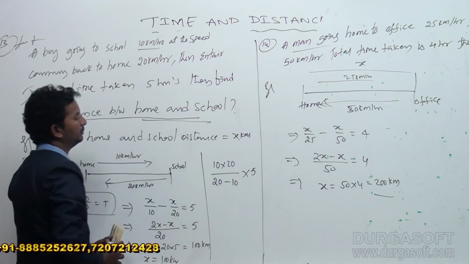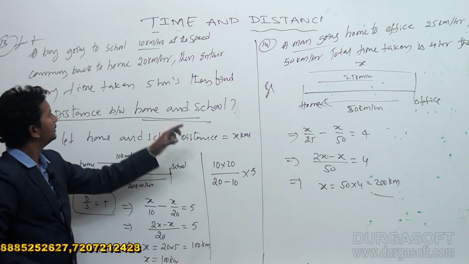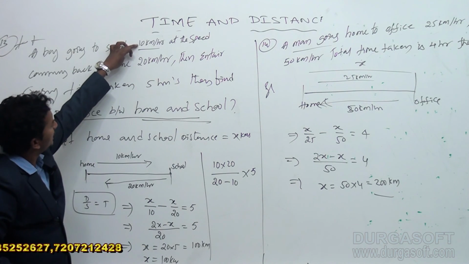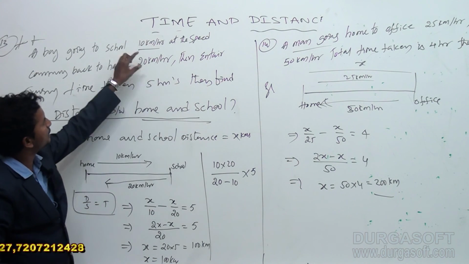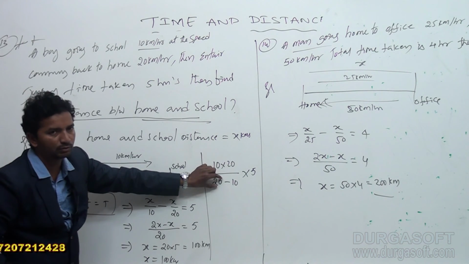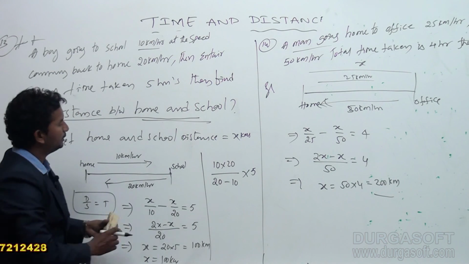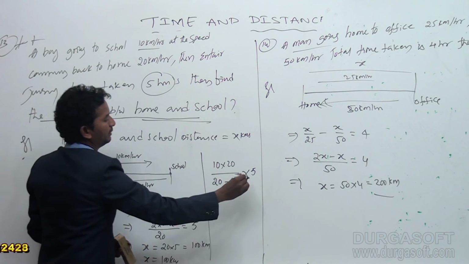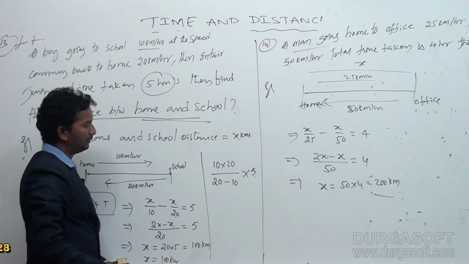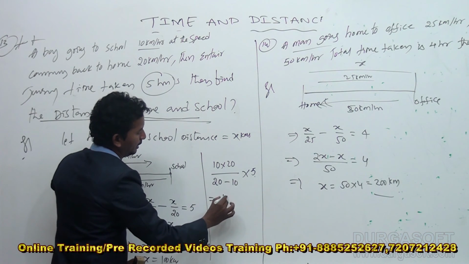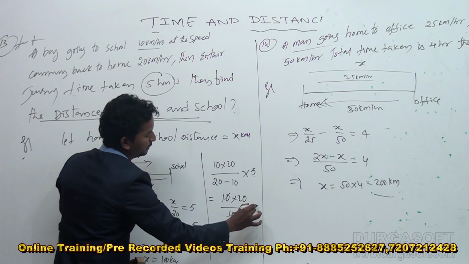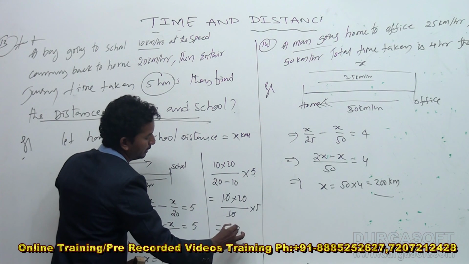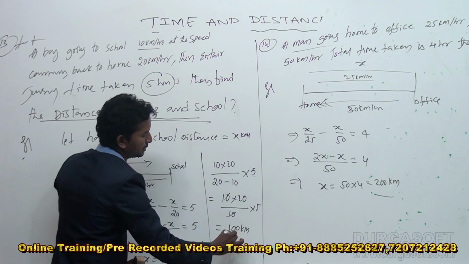For the first problem, the product is 10 into 20, divided by the difference 20 minus 10, into the time period, which is 5. So 10 into 20 divided by 10, the 10 is cancelled, into 5, is equal to 100 kilometers.